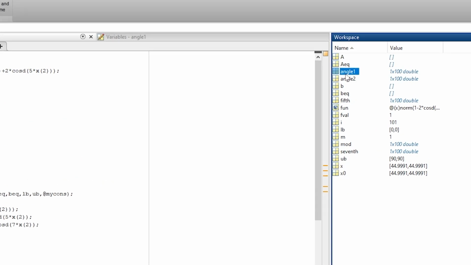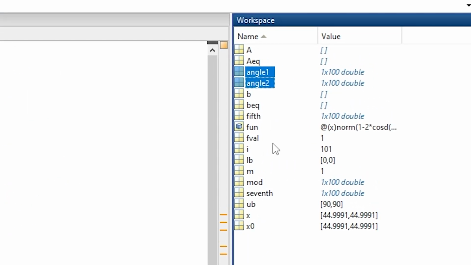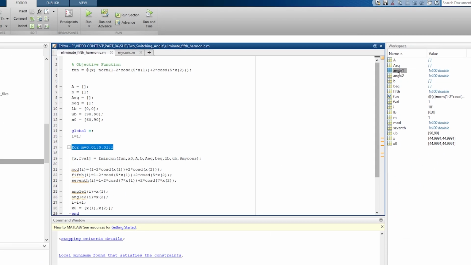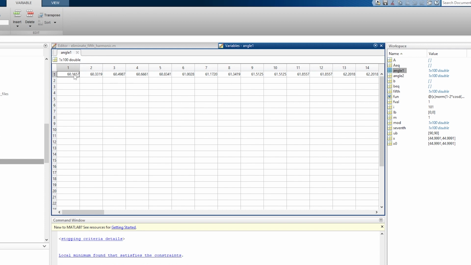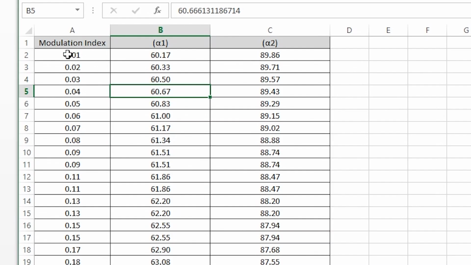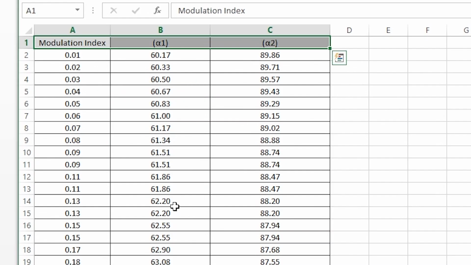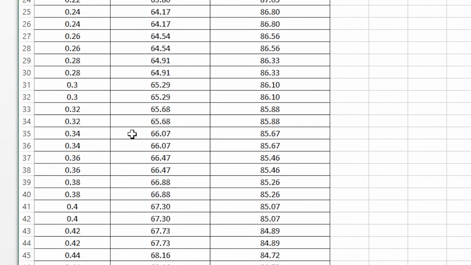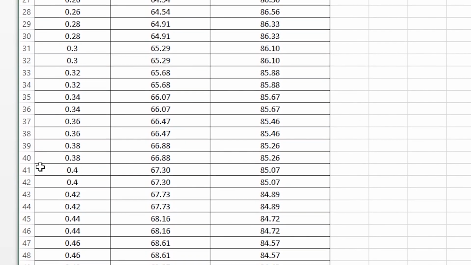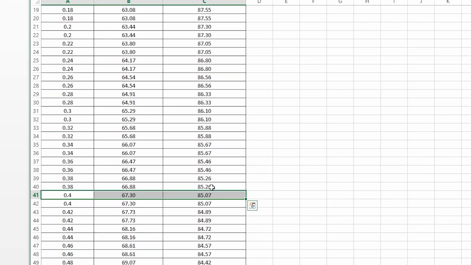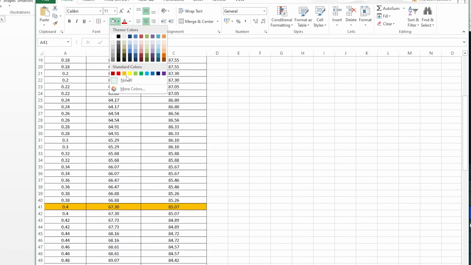Let us now copy these values in an Excel worksheet and select two sets of values for testing later. So here we have the values for modulation index, alpha 1 and alpha 2. And we select two solution sets, set 1 and set 2, for testing.